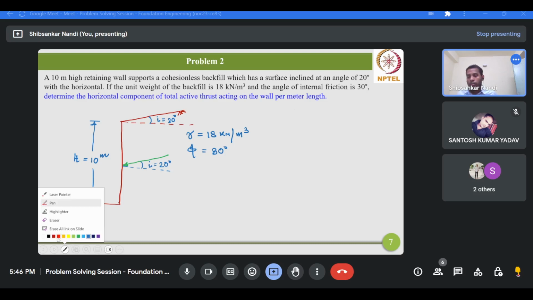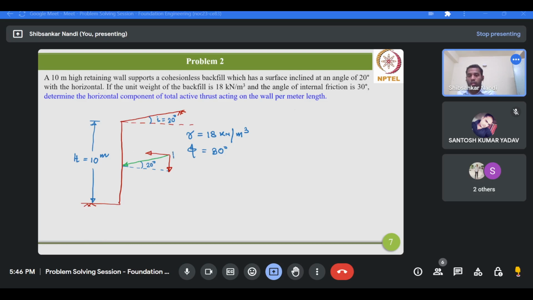Now this resultant active thrust will have two components. So this is the horizontal component and this is the vertical component. Okay, 20 degree.